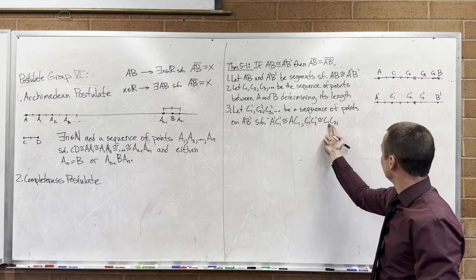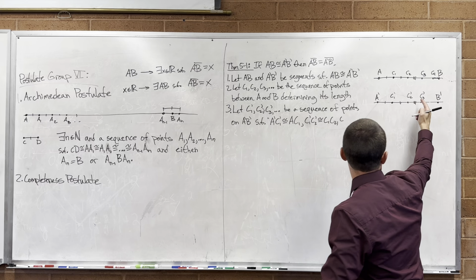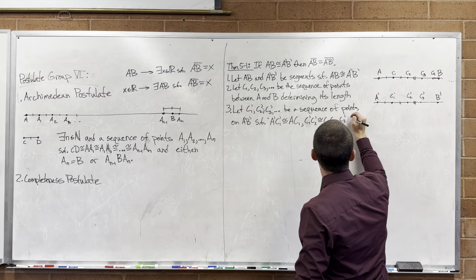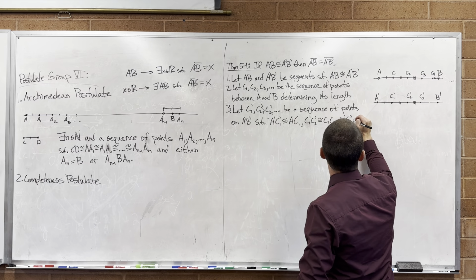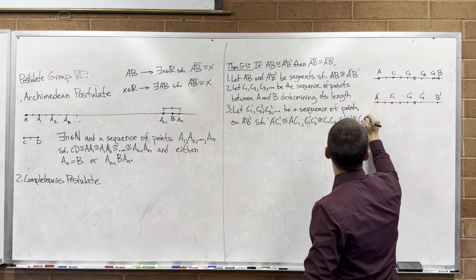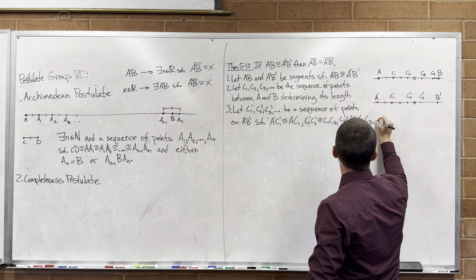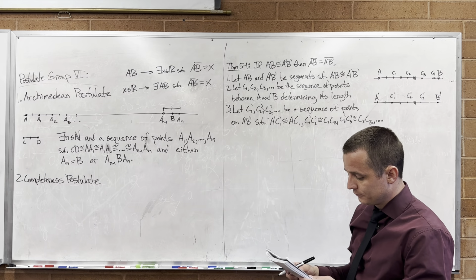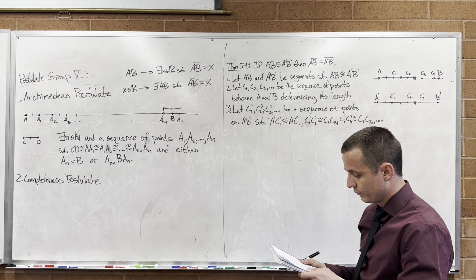So this segment is congruent to that segment, and then pick the next point, C3 prime, over here, so that C2 prime to C3 prime is congruent to C2 to C3, dot dot dot. So all these congruences hold, till you find what point lands on B or B prime.